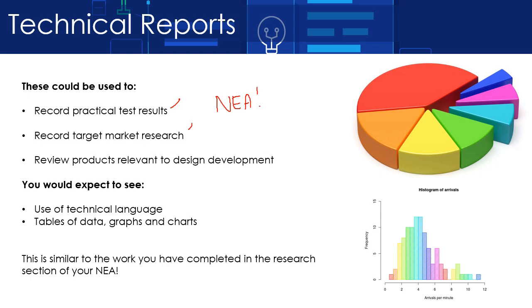Not many of you did that really, but you may have done it in other subjects where you've used things like bar charts. I know geography students use those a lot. And you would expect to see things like data, graphs and charts. So I'm not going to talk any more about that. That's about as difficult as it gets, but these basically refer to a lot of the stuff that you did in your NEA.